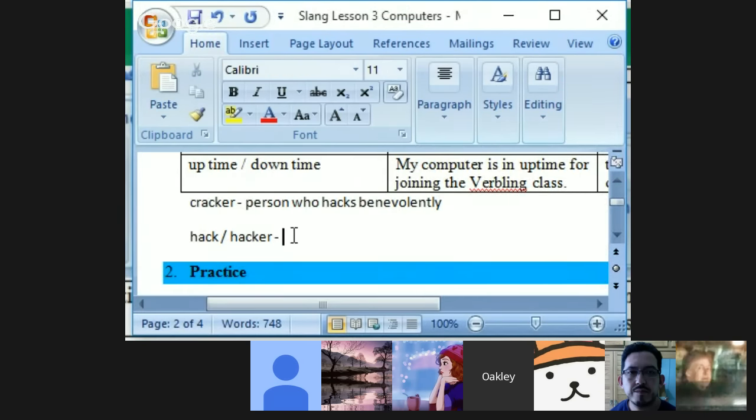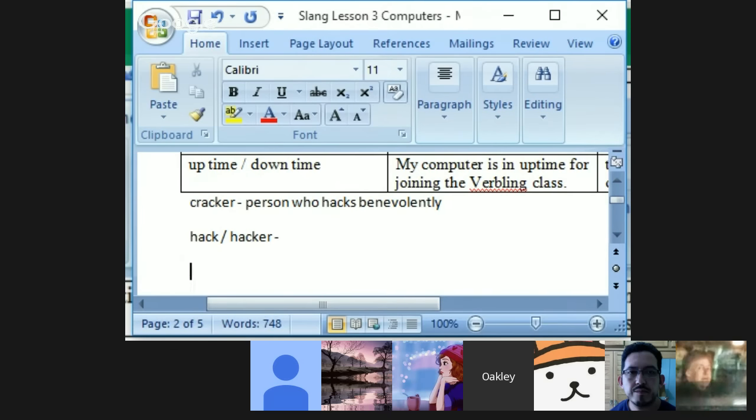Can anybody else think of any other computer-related slang? Phishing. Phishing, okay.